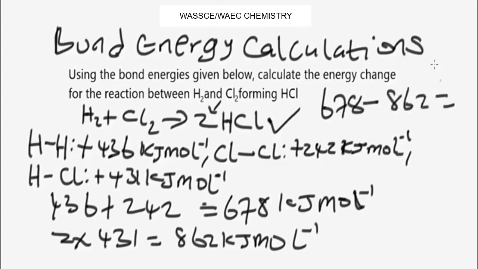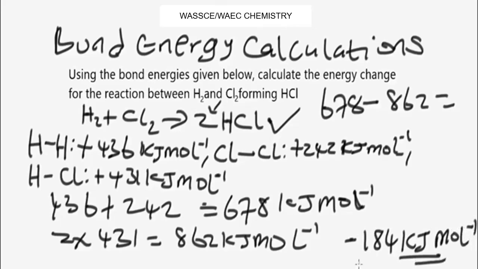So when you punch things in your calculator, you're going to have the output to be minus 184 kilojoule per mole. Okay, and that will be the answer to this question. This is basically how you can deal with problems involving bond energy calculations. Just subtract the energy released by forming bonds from the energy required to break bonds and get the change in energy for the reaction. Let's call it a class here.